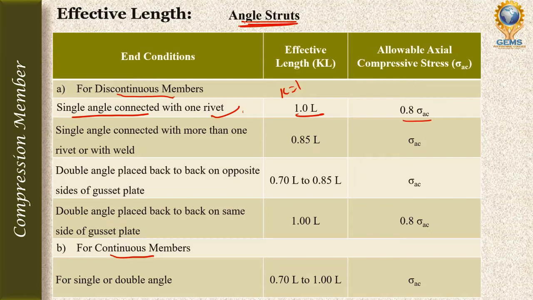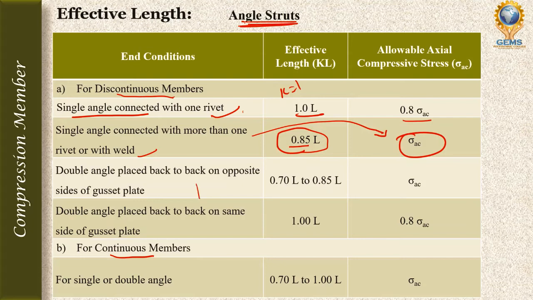And the second condition is single angle connected with more than one rivet or with weld. For this condition, your effective length constant K is 0.8. So your KL value is 0.8 into L. For this condition, your allowable axial compressive stress is sigma AC. The third condition is double angle placed back to back on opposite side of gusset plate.